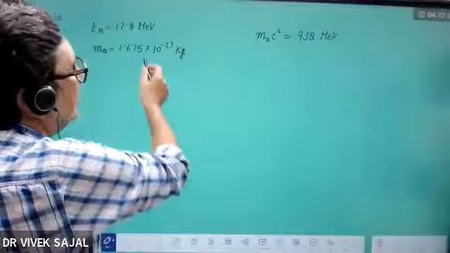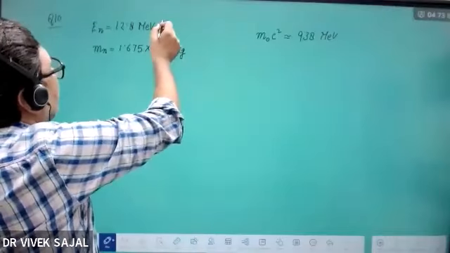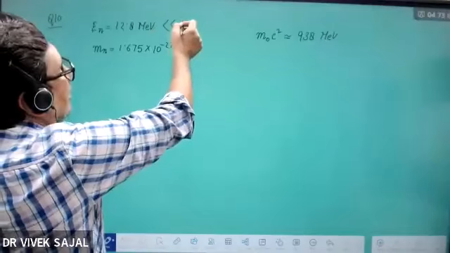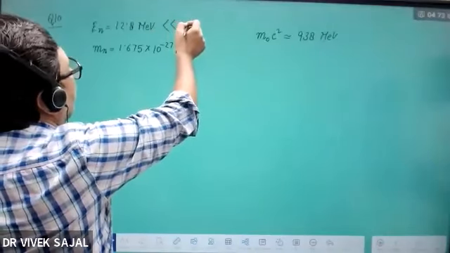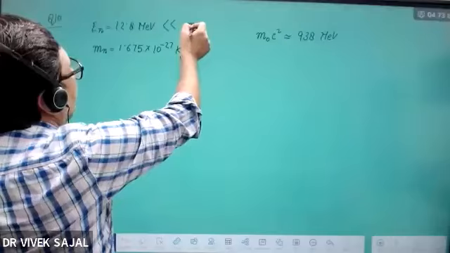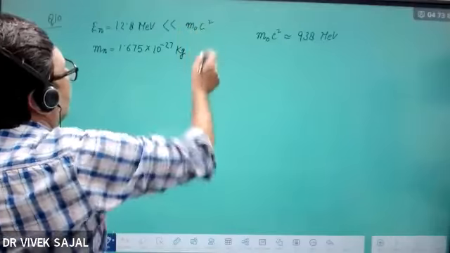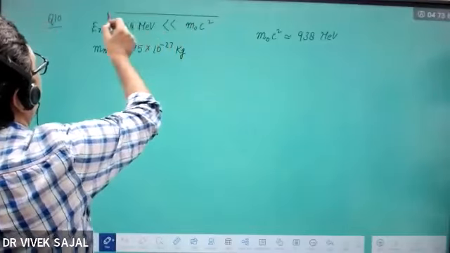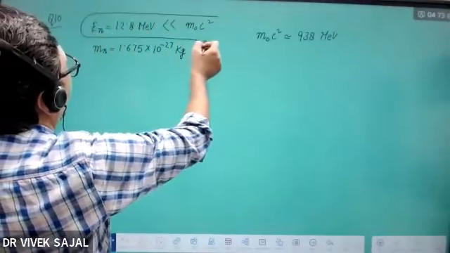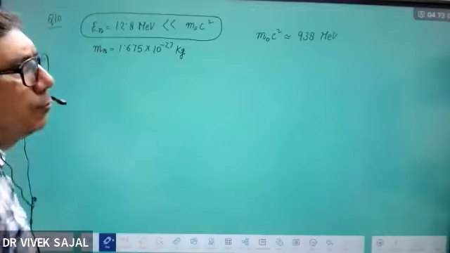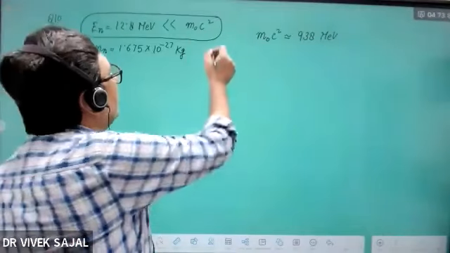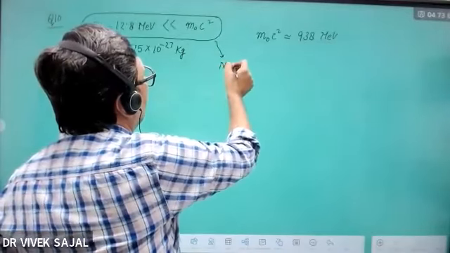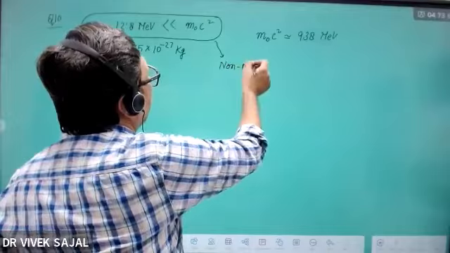So if you look at the energy, this one is quite less as compared to m naught c square. So what type of case is this? This is a non-relativistic case.